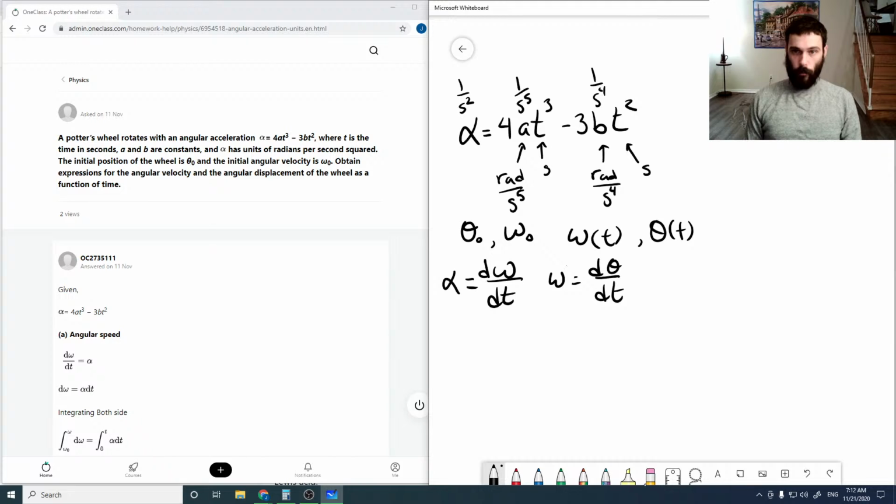Obviously we have to go backwards because we have alpha, so that means that omega is alpha dt, or I guess the better way for me to write this is to say that omega is the integral of d omega, which is the integral of alpha dt.